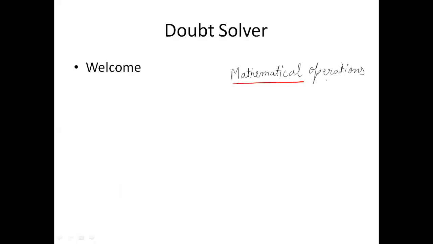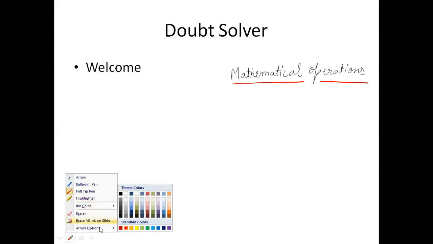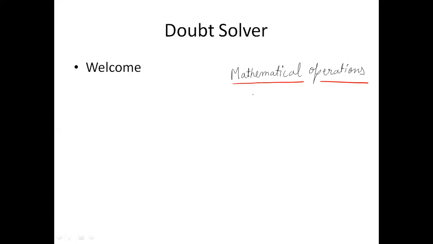We are aware how many mathematical operations there are: four, addition, multiplication, subtraction, and division.